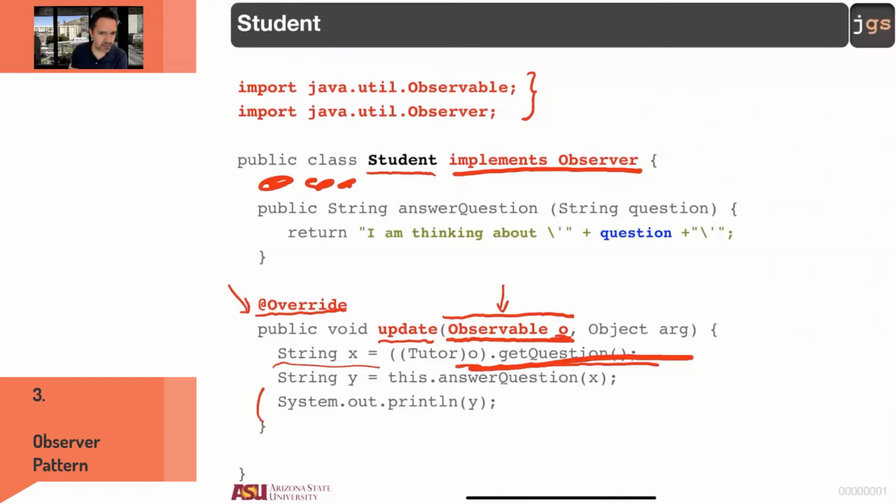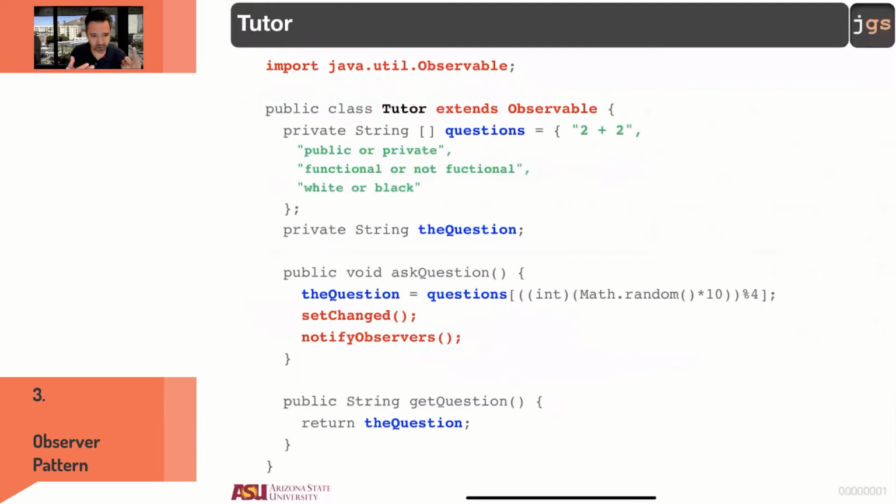Communication between objects. What's happened with the tutor? What's happened with the observable guy? That one is going to extend, not implement. Again, observable is a class. I need the package.